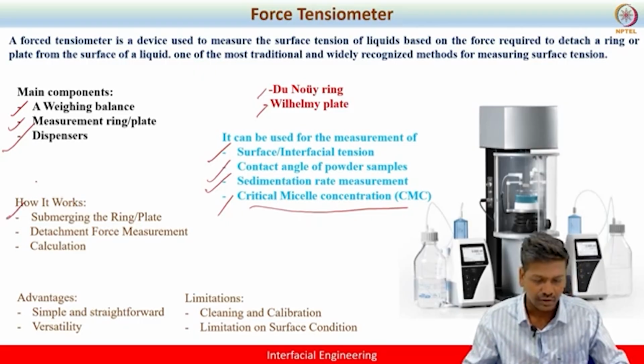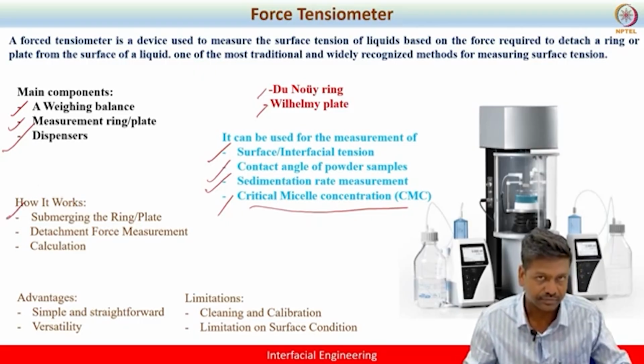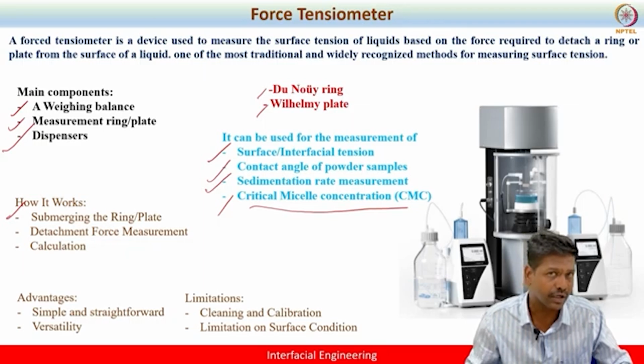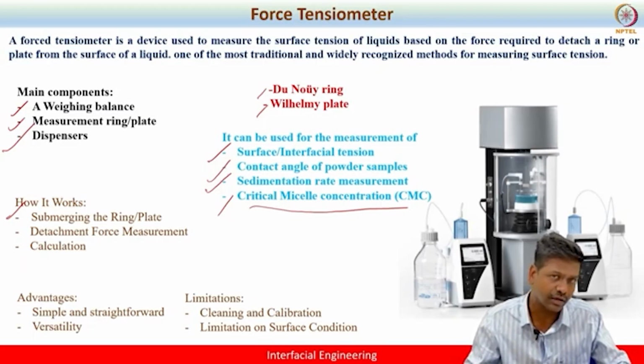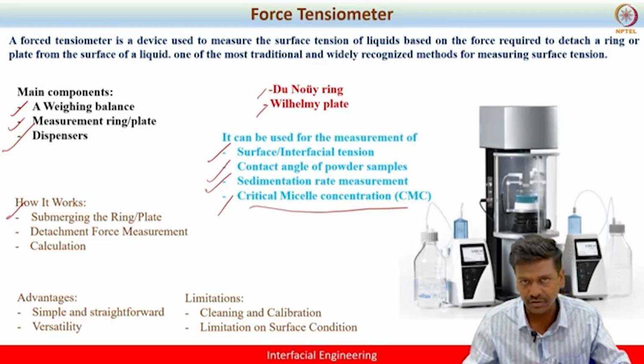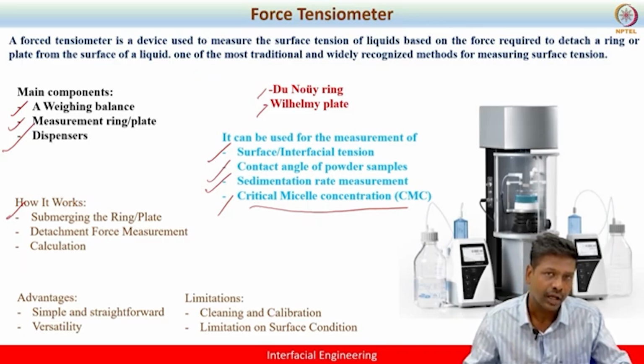So how it works, we have already seen the working principle of the Wilhelmy plate method. Basically you have a plate or ring, okay? You will place this plate or ring at the surface of the liquid of your interest. The moment this plate is brought down and just touches the liquid surface, because of the affinity between the liquid and the plate or the ring, there will be a meniscus, right?